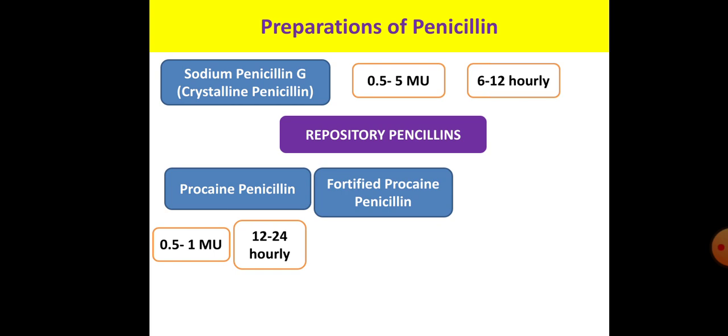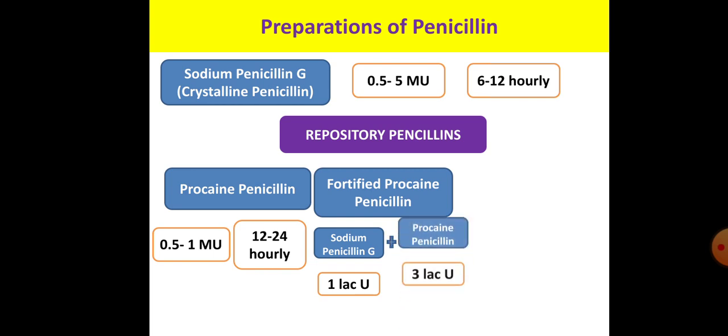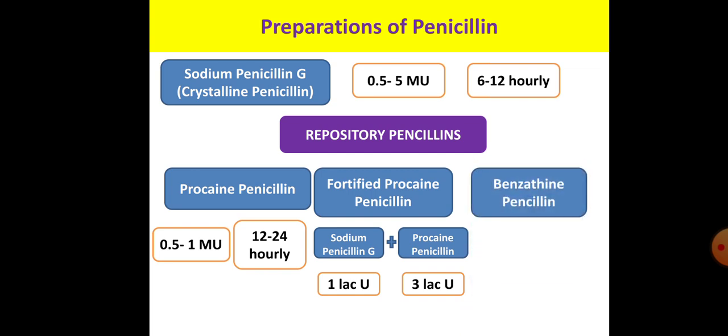But if you combine this procaine penicillin with penicillin G, then you can achieve both the immediate onset as well as the relatively longer duration of action. And that's why this fortified procaine penicillin, which is a mixture of 1 lakh unit of sodium penicillin and 3 lakh unit of procaine penicillin, has been formed.